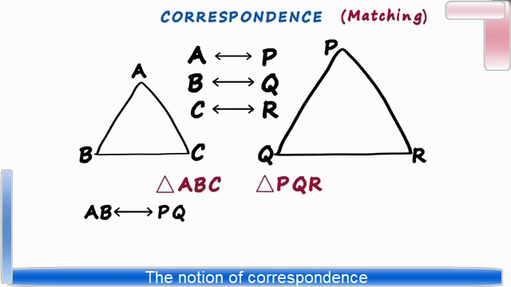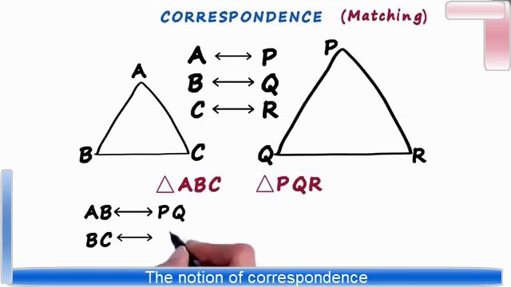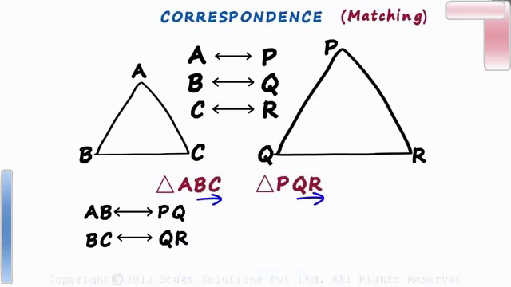Be very careful about the order. AB will correspond to PQ. Instead of looking at correspondence between vertices, we can even look at the names of the triangles. What about side BC? Looking at the names of the triangles, we can say that it corresponds to side QR. And similarly, side CA will correspond to side RP.